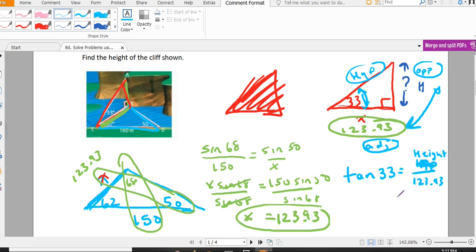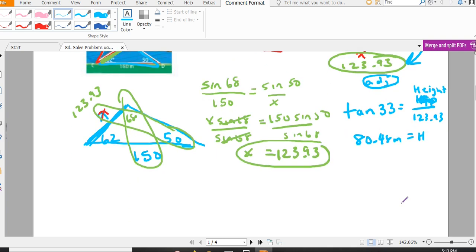Multiply both sides by that, so our height will equal 123.93 times tan of 33, 80.48 meters. And there you have it.